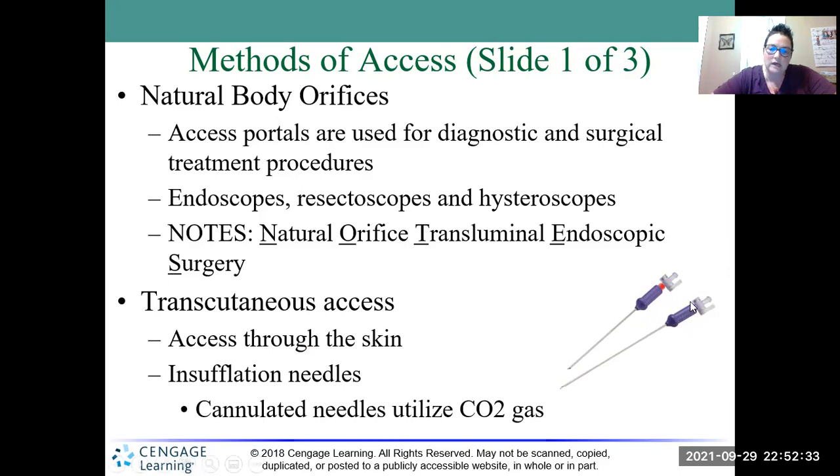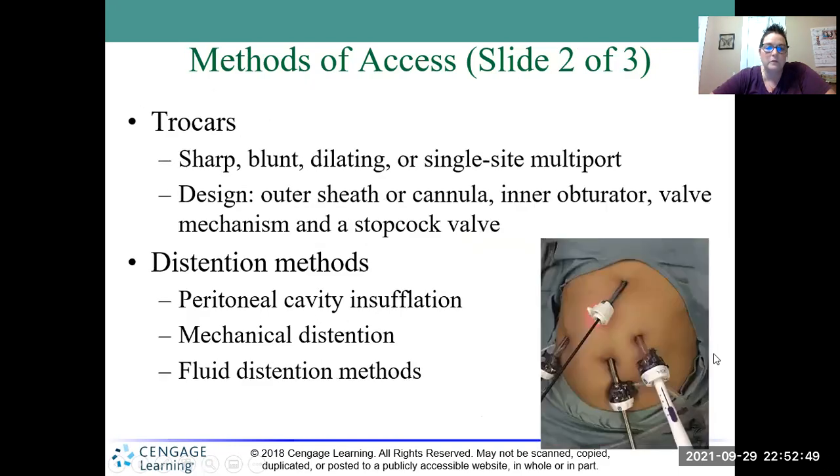So these cannulated needles can be inserted into the cavity. The gas can be added, and then the stopcock switched off, and it allows for a much better visual field.